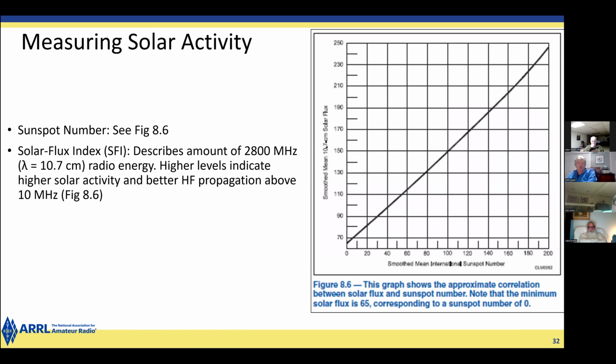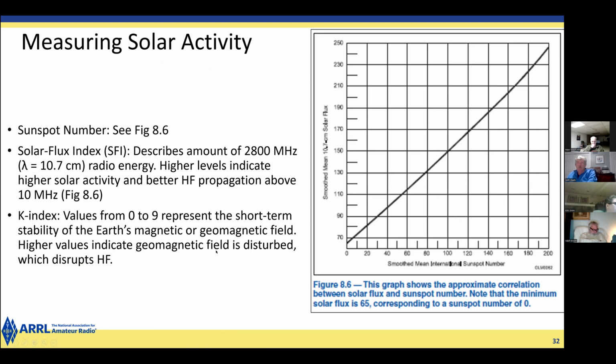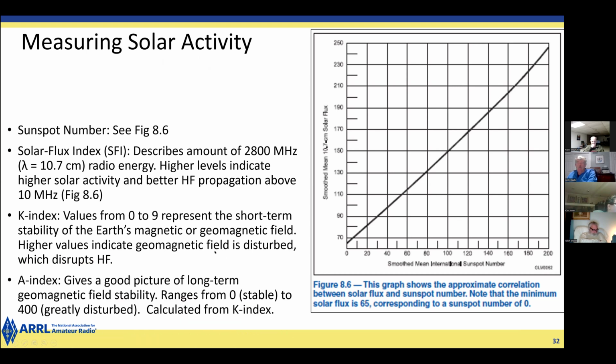And you can see that the solar flux index is reasonably well correlated to the long-term smooth sunspot number. It's not exact, but is a good indication. So when you see high sunspot numbers, that means that the solar flux is also likely to be fairly high.